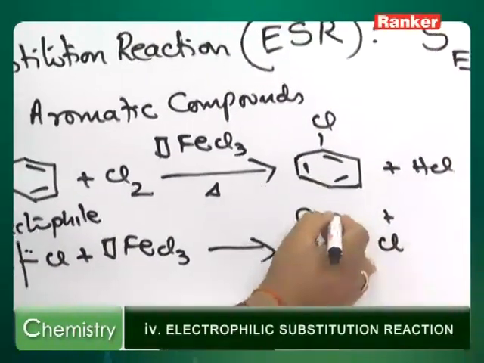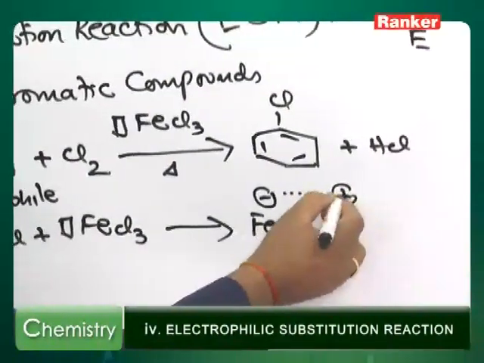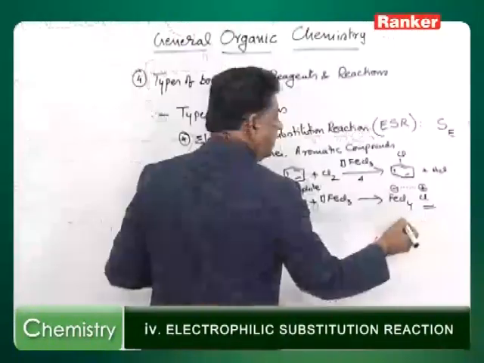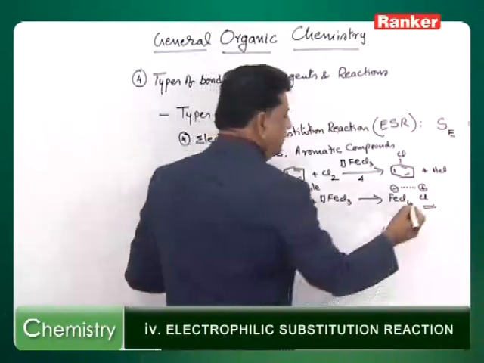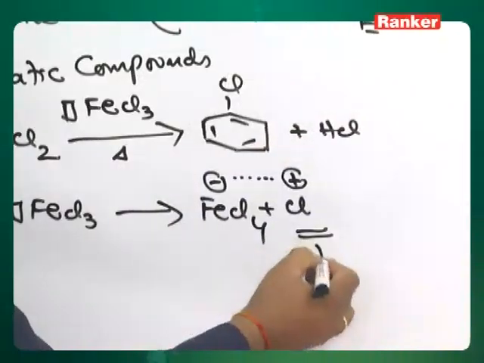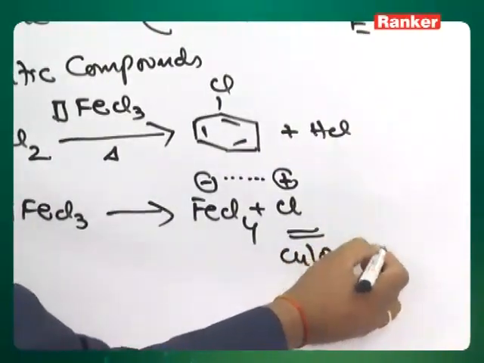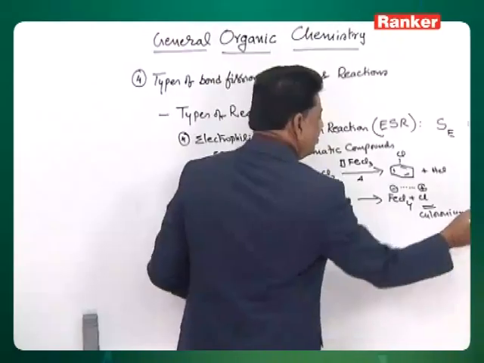The Cl plus and the Cl minus will have a loose bonding. So, this Cl plus is called the reagent. In fact, that is called a chloronium ion.